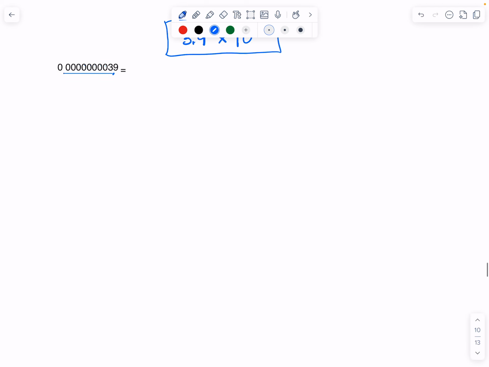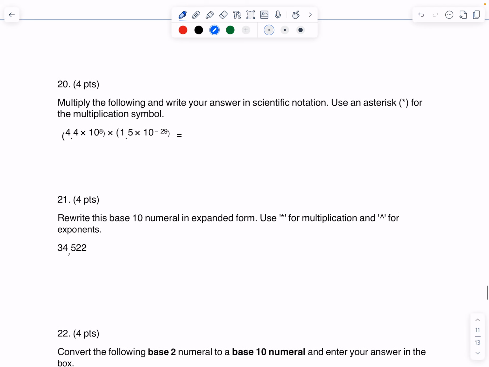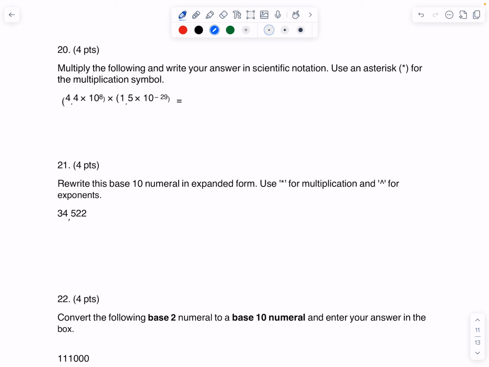Okay, let's go ahead and move on to the next one, number 20. Multiply the following and write your answer in scientific notation. Okay, so to do this problem, we're going to group things together. So I'm going to group these two numbers, 4.4 times 1.5, and then I'm going to group the base 10 exponents together.